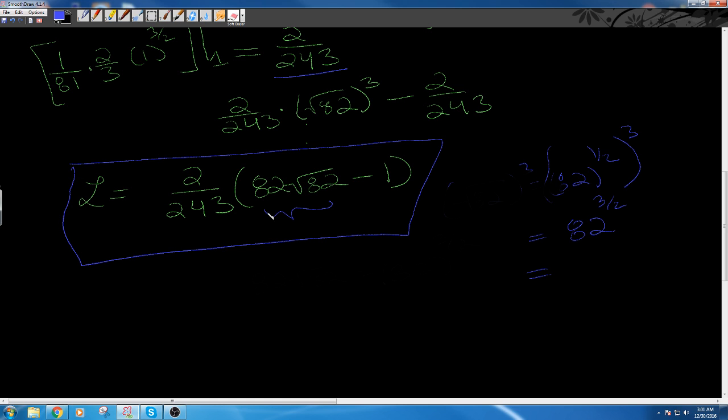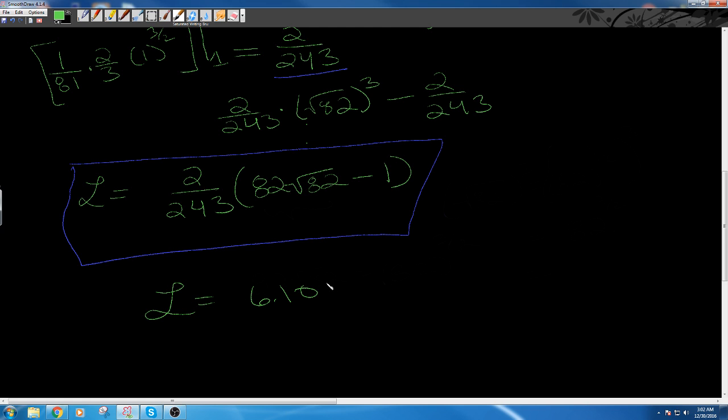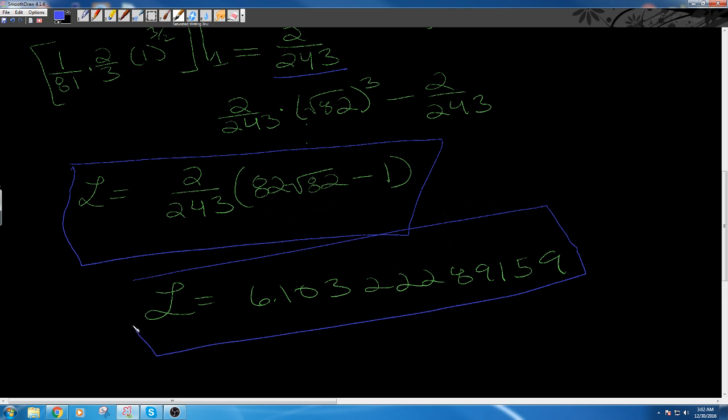And if you want the decimal approximation of the length between those limits, I did it, and I believe I've got on here, L is equal to 6.103222895159. That's if you really just want to go all out.